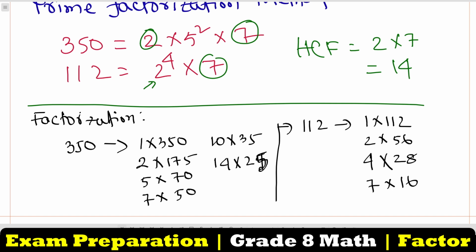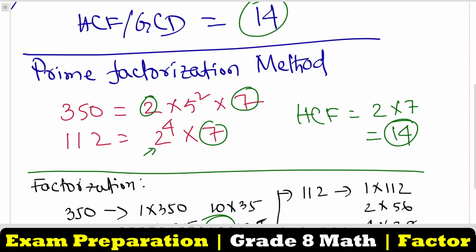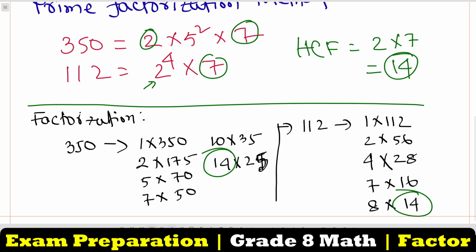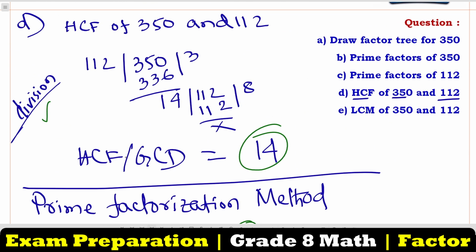What about 8? 112 divided by 8 is 14, so 8 times 14. Now, which one is the highest common factor? This 14 is the highest common factor. So everywhere we get 14: by the division method, the prime factorization method, and the factorization method. So our answer is 14. It's a lengthy process, so I prefer to find the solution by the division method. So number D is done.